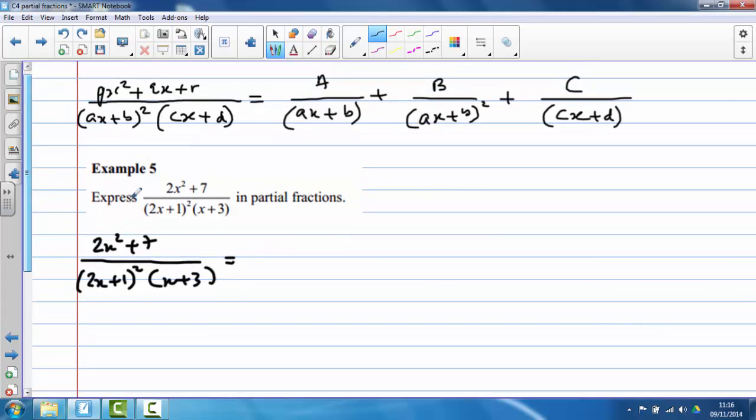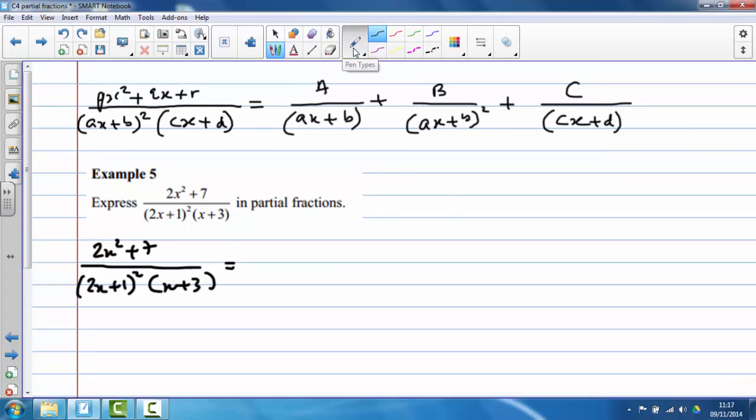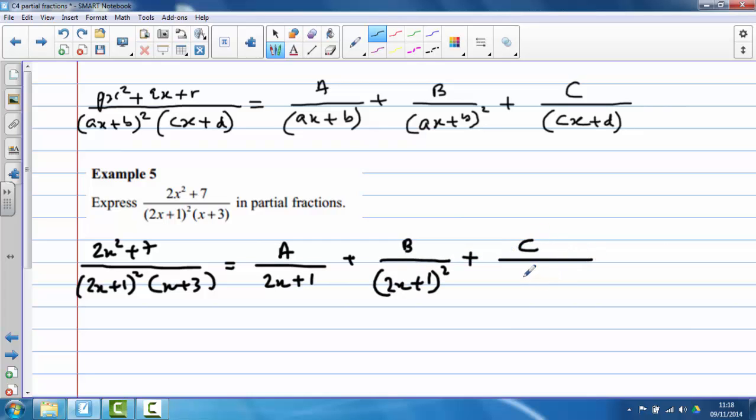This equals a over 2x plus 1 plus b over 2x plus 1 all squared plus c over x plus 3.